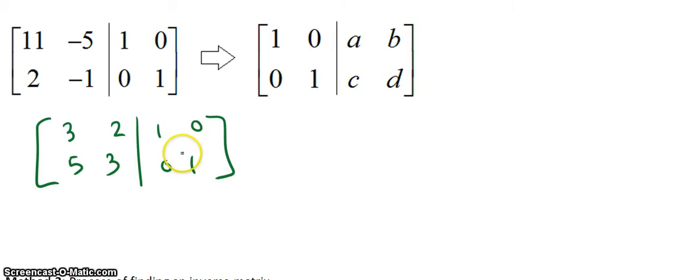So whatever happens to this side when you get 1s and 0s over here, this side should be the inverse matrix. So all I want you to do right now is perform Gaussian elimination on this whole 2 by 4 matrix, but I want you to do it in such a way that you get 1, 0, 0, 1 here, and see what happens. I'm going to pause the video so you can try that on your own and practice.